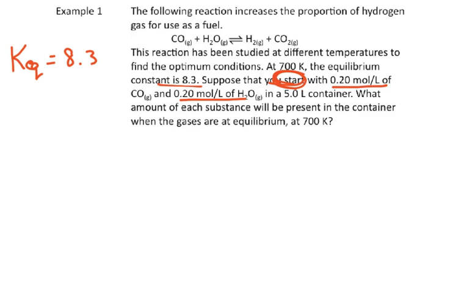And the ICE chart deals with all the concentrations of all the reaction participants at initial, I, the change in concentration, C, and what they reach at equilibrium. So to do that, we need to make a column for each of the compounds.